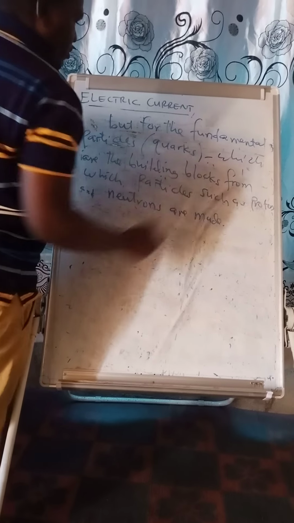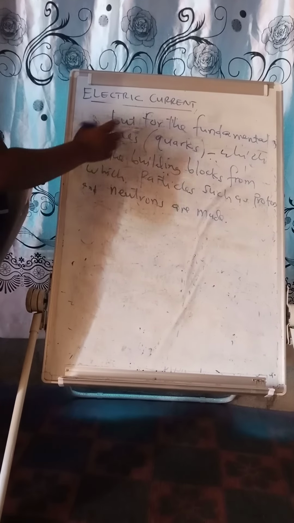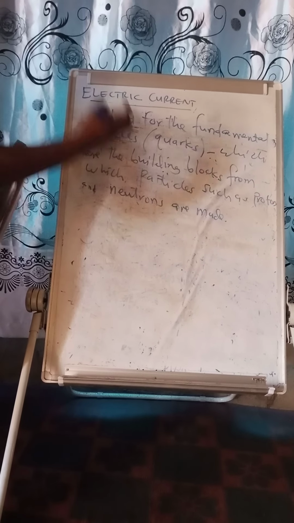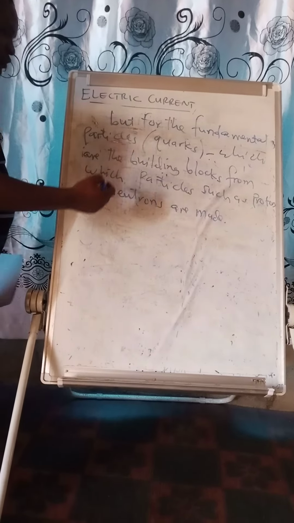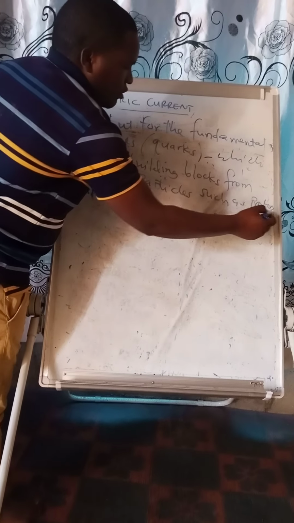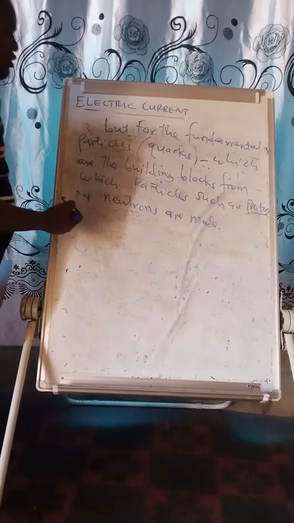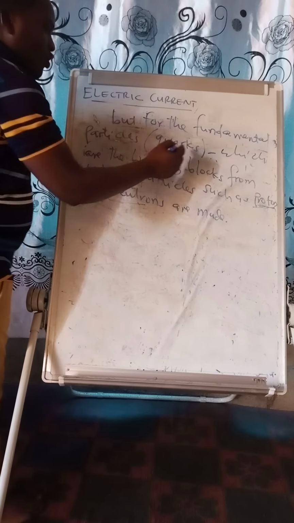Those things which make protons and neutrons are called fundamental particles or quarks.